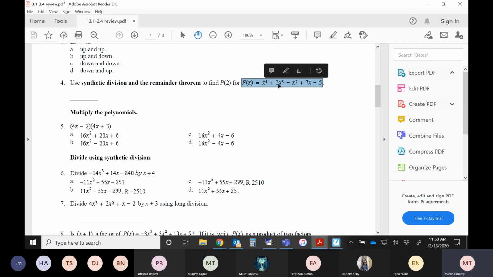So I should put a 2 here, a 2 here, a 2 here, and a 2 here, then do order of operations in the correct way, combine all the numbers together, and I'd get an answer. That's what that asks me to do, right? But what the remainder theorem says is you can actually use 2 as your number in your box for synthetic division, and whatever the remainder is will be the same thing as if you'd plugged the 2 in for all the x's.